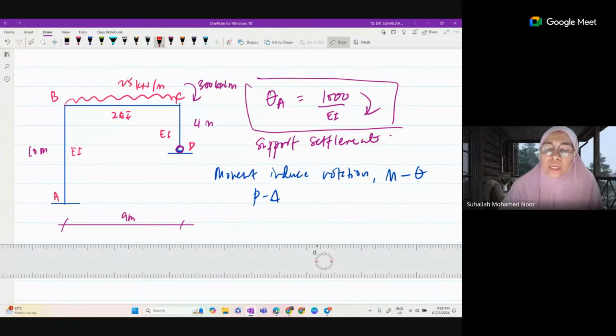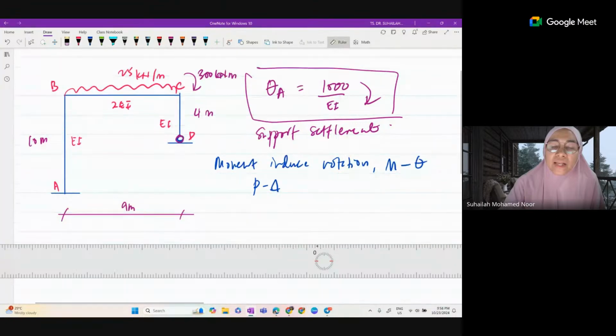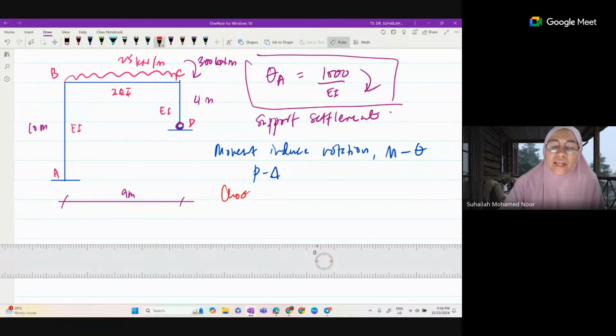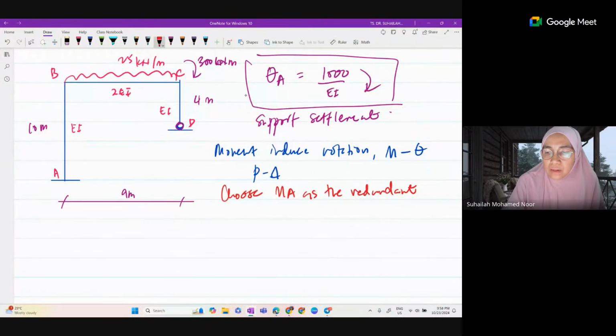We cannot simply choose Dy as the redundant when the support displacement is a rotation. So the best option is to choose M A as the redundant, because theta A is the support settlement.